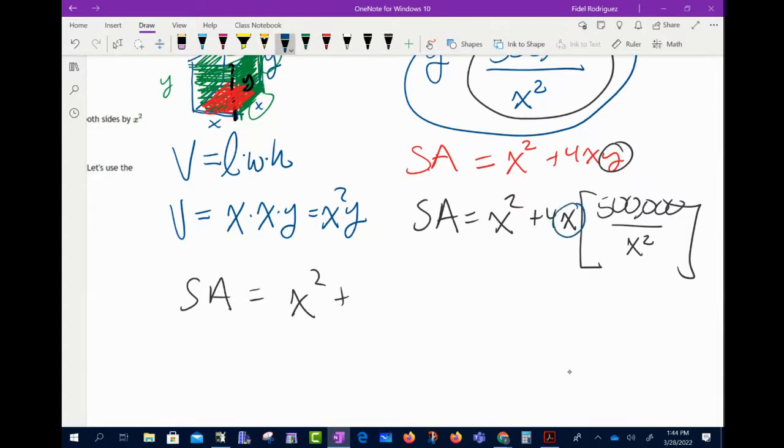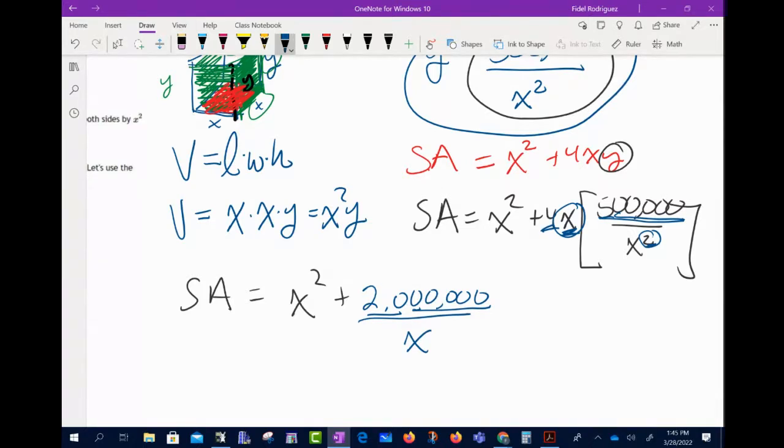So now my surface area is going to be x squared plus, y'all, wouldn't this x reduce with one of those x squareds down there? So 4 times 500,000 should be something like 2 million over an x, because 4 times 5 is 20, and then I had 5 zeros, so here's my 5 zeros, and then this x cancels with one of those.